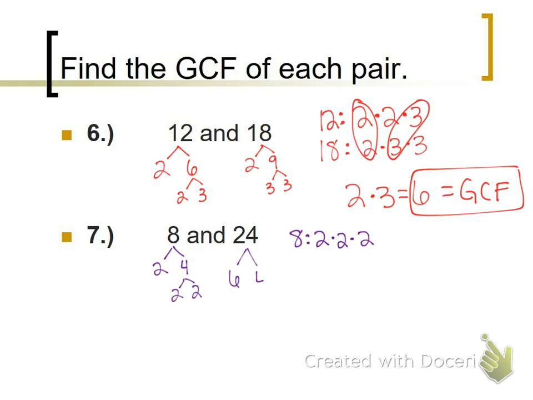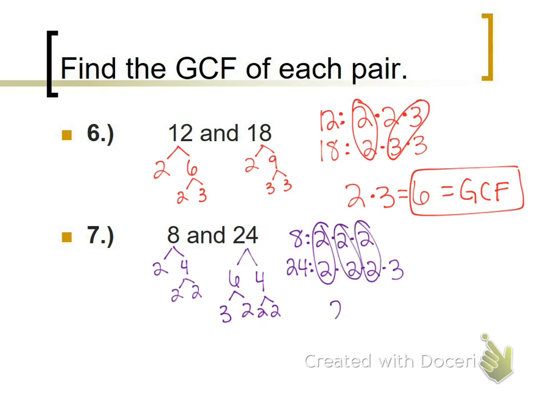Okay, 6 and 4. 6 breaks into 2 and 3, 4 breaks into 2 and 2. So for 24, I've got 2 times 2 times 2 times 3. What do I have matches of? 2s. How many matches of 2s? 3 of them. So 2 times 2 times 2 is 8. So that is my GCF.